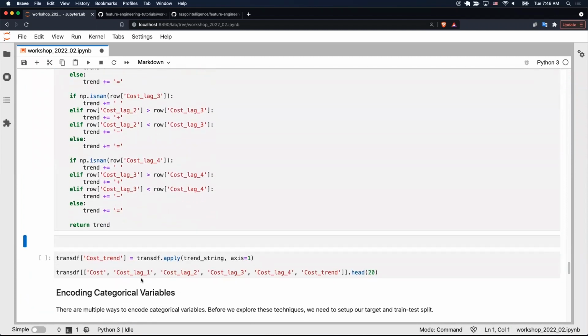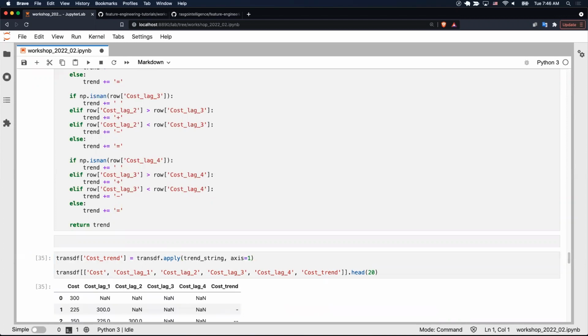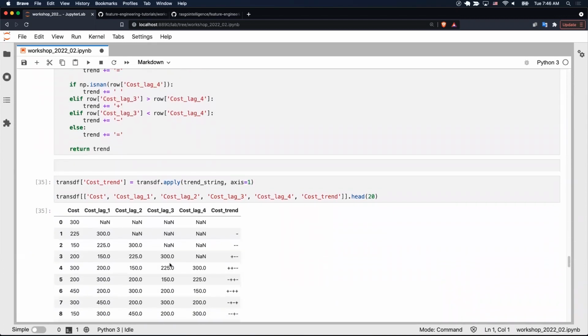And now I can apply that string to this using pandas apply. It takes a little while to run, but here we see. So we have the cost. I don't have anything.